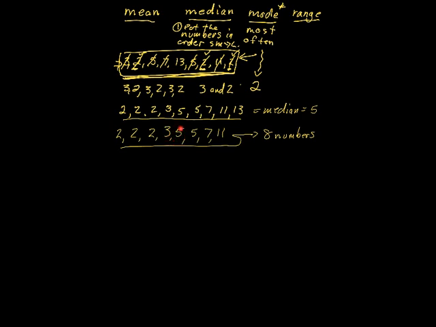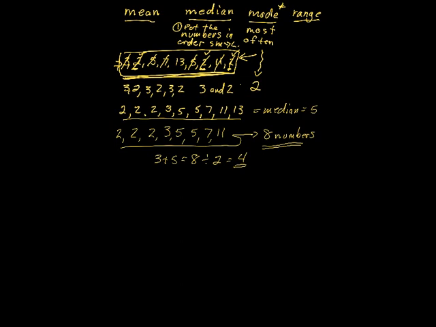So what I have to do is add these 2 numbers here together and then divide by 2. So I just say 3 plus 5 equals 8, divided by 2 equals 4. So that would be my median for this new group of 8 numbers.